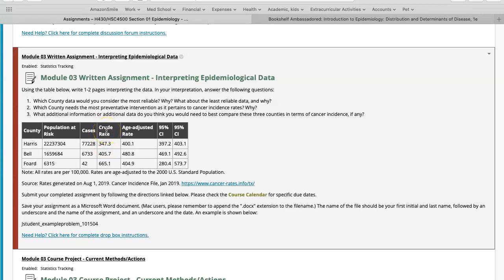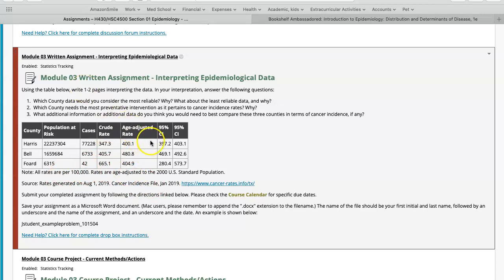So this crude rate for Harris County says, and remember that crude rates are incidences or new cases, there are 347.3 cancer incidences in Harris County per 100,000 people in the population.